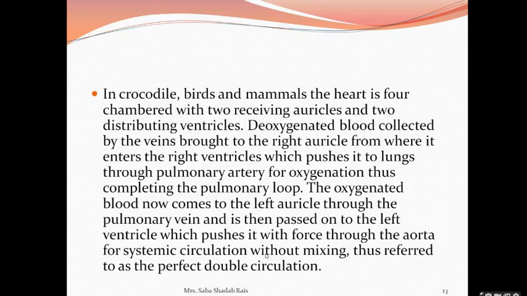Now the left ventricle, I told you before also, this systemic loop is the large course, meaning they have to pass through a larger area. So for that reason, the left ventricle is a little bit rough and tough and will give a bigger push. Understood? Then thereafter, this left ventricle will push this blood with force through the aorta for systemic circulation without any mixing. Understood? So for that reason, it is called the perfect double circulation.